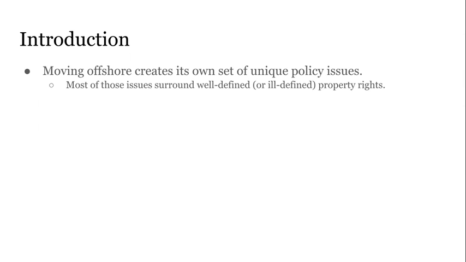Now, as we start moving offshore, we can think about those same issues, but it's a little more complicated because those property rights often are not super well defined or agreed upon even between countries. Now, that might not be the case when we're talking about near shore, within a certain close proximity to the nation.